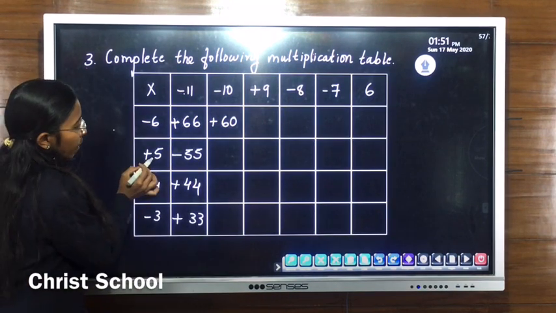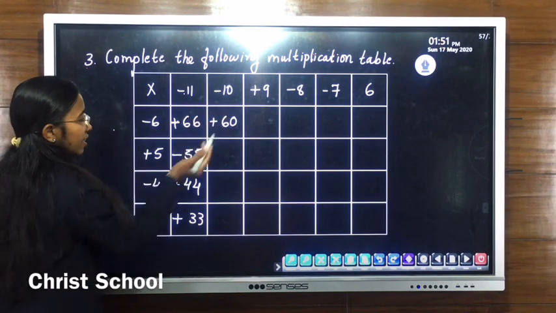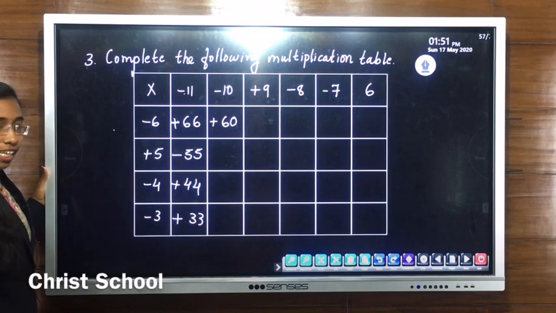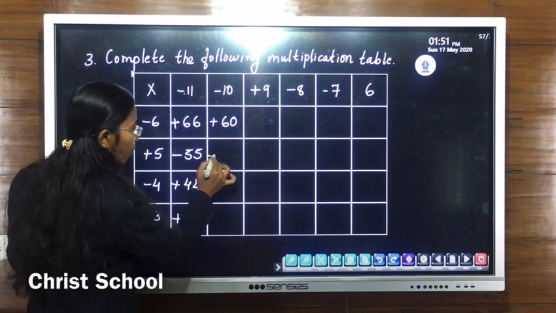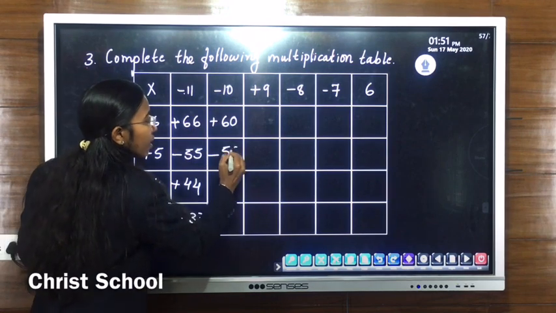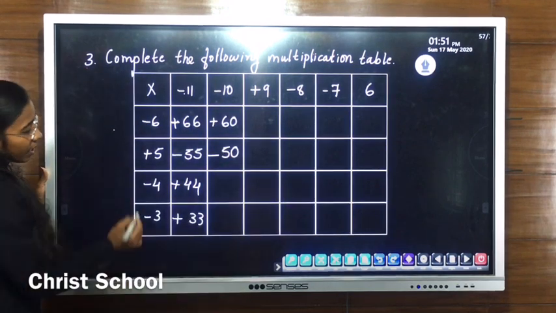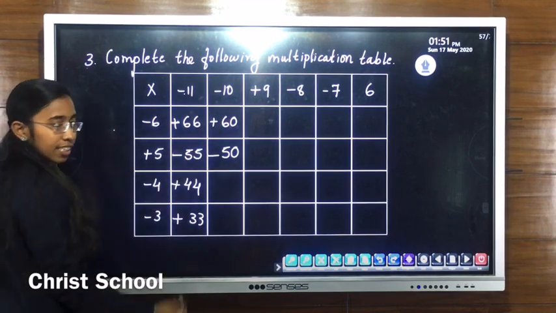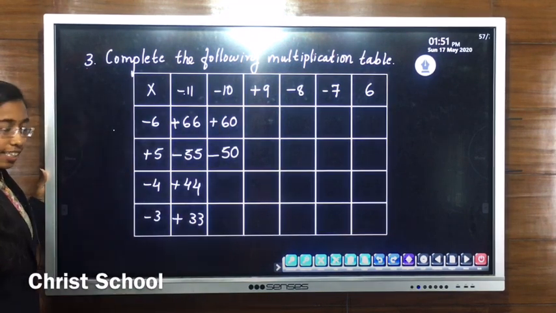Here plus 5 into minus 10. One is positive and one is negative, which means this is unlike integers. So our sign is always negative, and 5 into 10 is 50. Here minus 4 into minus 10. Both numbers are negative, which means that is like integers.